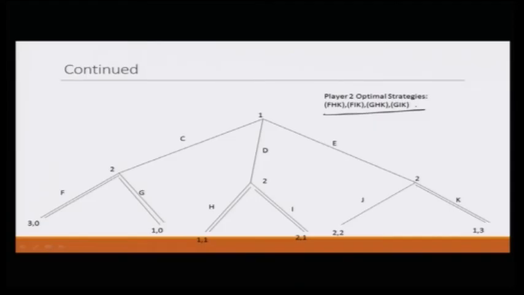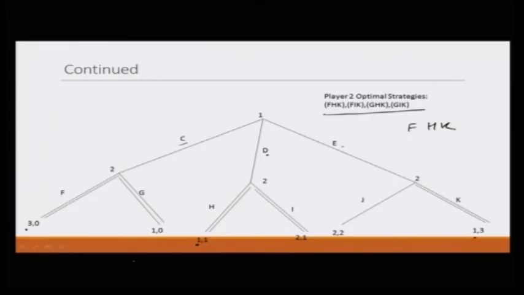Given this optimal strategy, what would be the optimal strategy for player 1? Let us say player 1 thinks that player 2 is going to play FHK. If he plays C, he gets 3. If player 1 plays D, he gets 1. If he plays E, he gets 1.